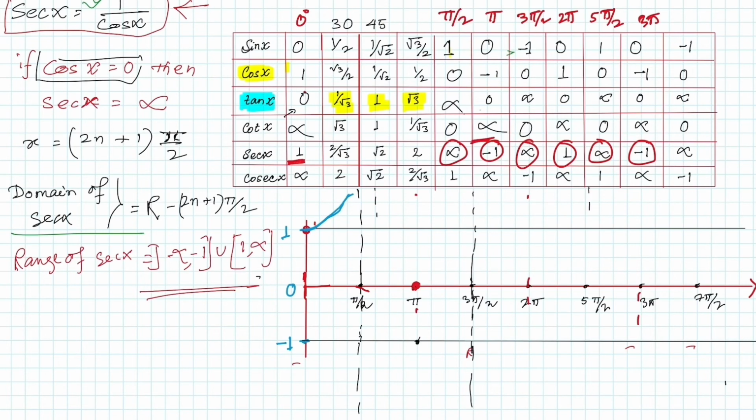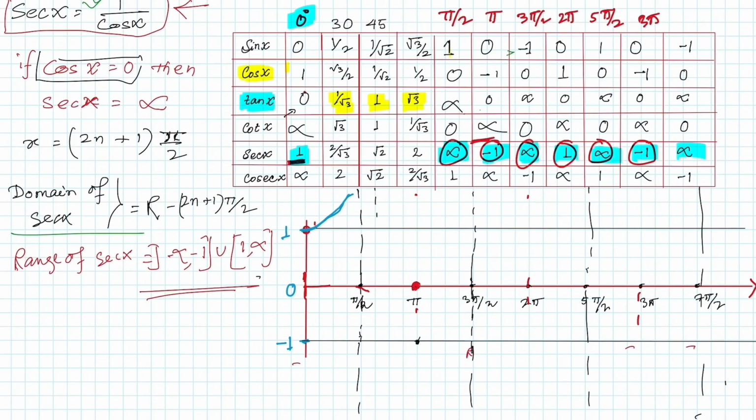So here you see we will get such sort of graph here. If you observe the points of sec x, at 0 degree sec 0 is 1, then at pi by 2 it is infinity, then again -1, then infinity, then +1, then infinity, again -1, then infinity.